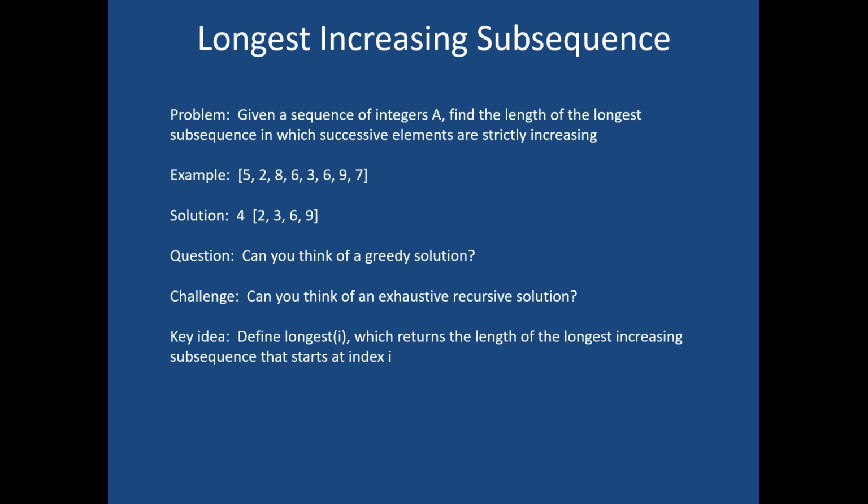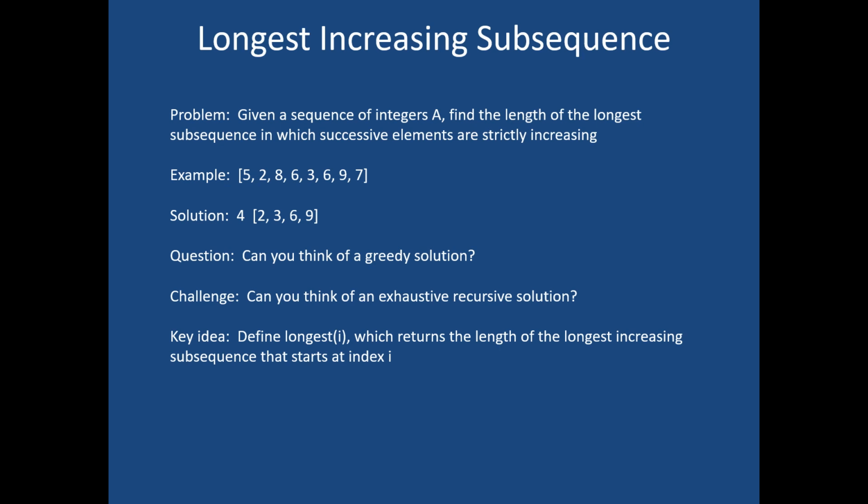But you can come up with a recursive solution, and this is how I'm going to do it. I'm going to define longest of i to be the length of the longest increasing subsequence that starts at index i. So what would longest of this index here be? What's the length of the longest increasing subsequence that starts at that index? 1. What is it for here? 3: 3, 6, 9, or 3, 6, 7, length 3.